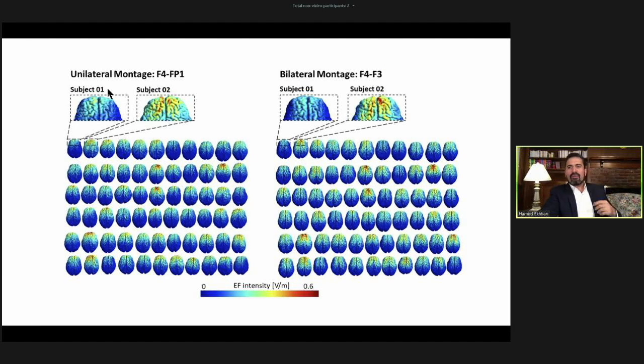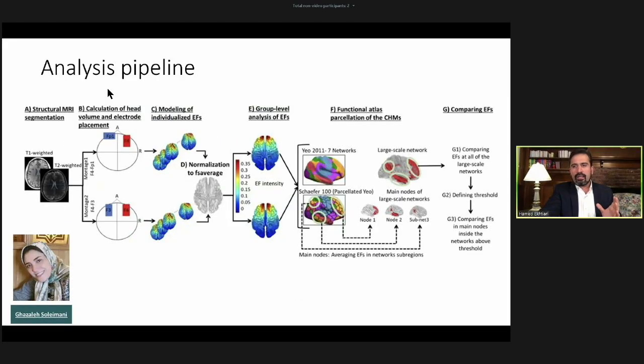Just to give you an idea about one of the potential things that we can do, here are two examples with two different montages, F4, F3, F4, FP1. So we explored how we might be able to integrate the computational head modeling at the subject level with the fMRI data, and also with the network-based level data.